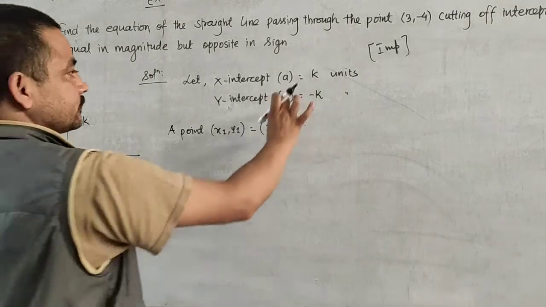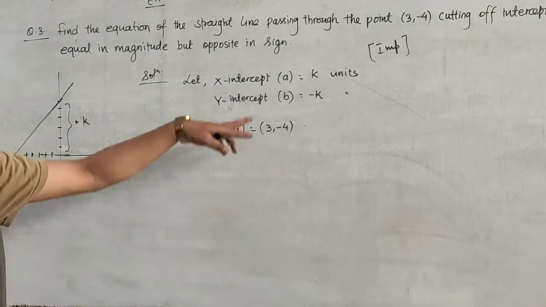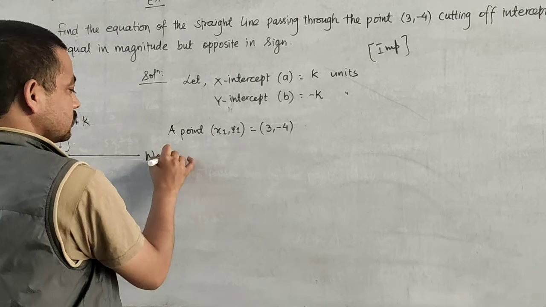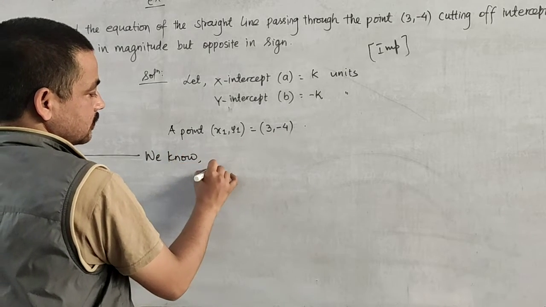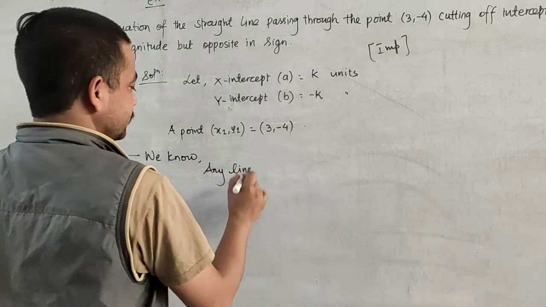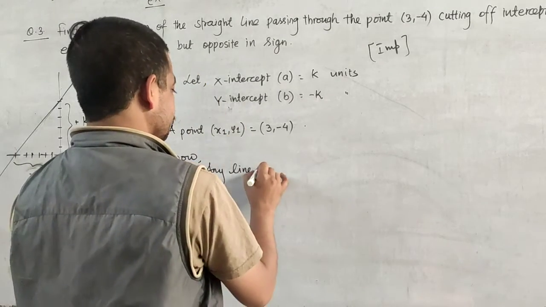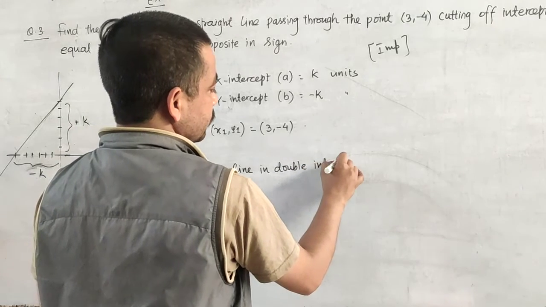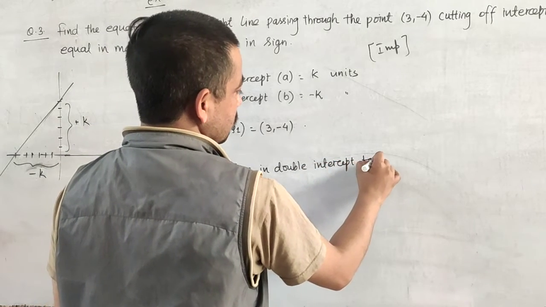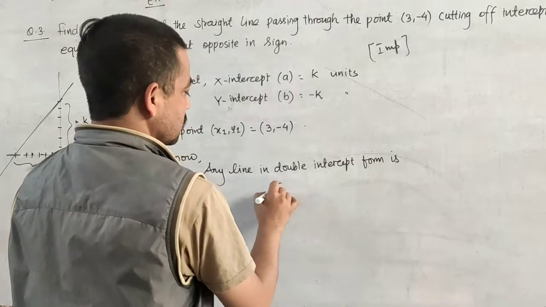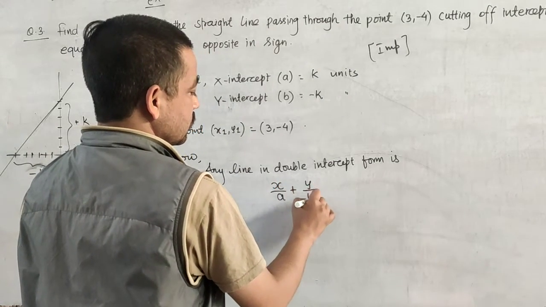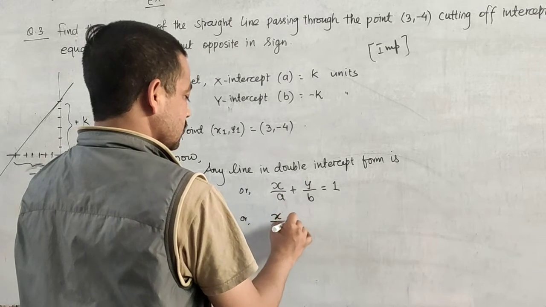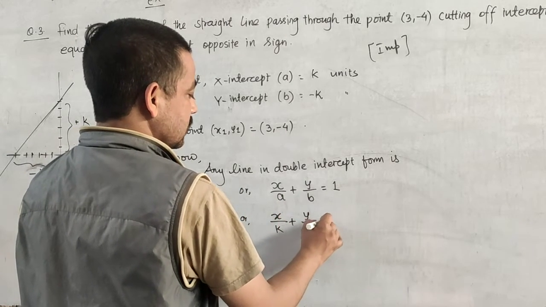So first of all, any line in double intercept form, we know, is x upon a plus y upon b equals 1. So x upon k plus y upon negative k equals 1.